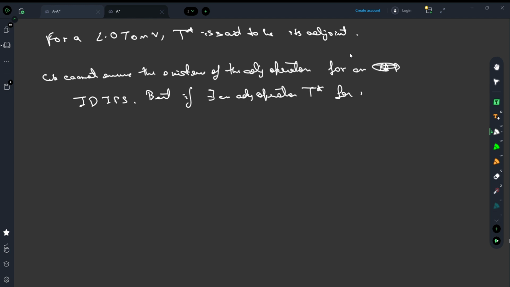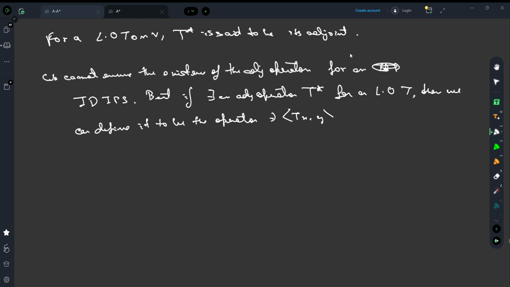If they exist, that is, if there exists an adjoint operator T* for a linear operator T, then we can define it to be the operator such that the inner product of Tx with y must equal the inner product of x with T* y, for all vectors x and y in V, right?